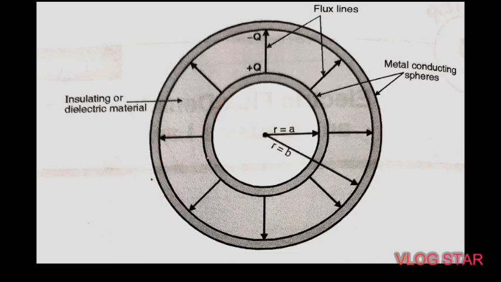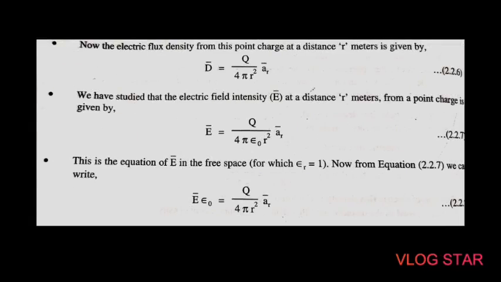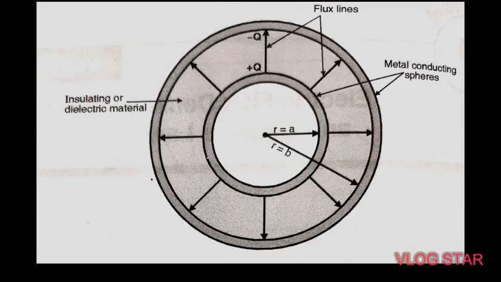Then let us move towards the relationship between D bar and E bar. For that, consider the inner sphere, that is r is equal to a, which is shown in this figure, and this inner sphere is becoming smaller and smaller, but it is still maintaining a charge plus Q. Then in this case the inner sphere acts as a point charge.